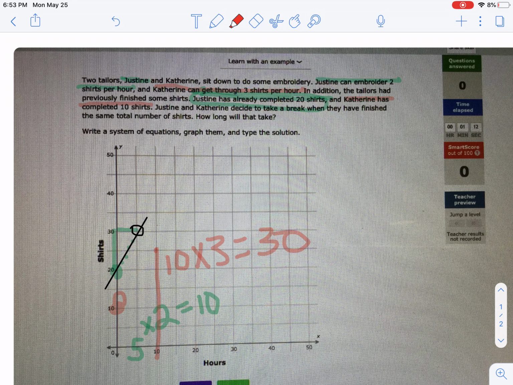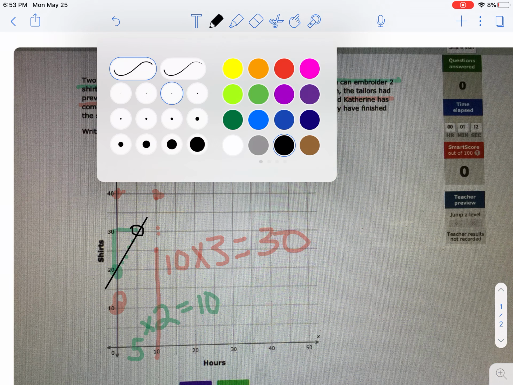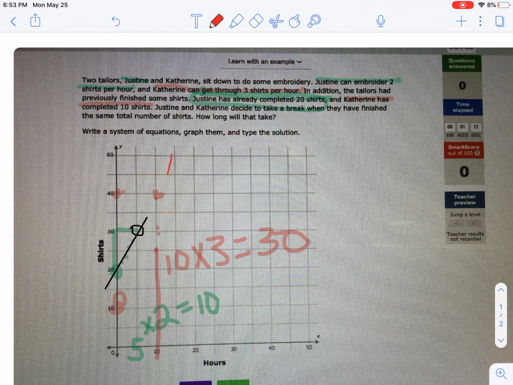So we add 30 on to the starting amount. 30 plus 10 is 40. So she could do 40 shirts at 10 hours. And so now what we can do is connect those 2 dots. 40 shirts at 10 hours.